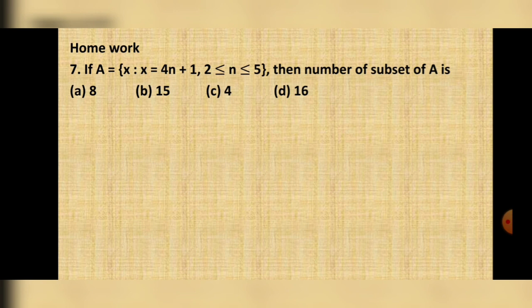Option A 8, option B 15, option C 4, option D 16. So in this example, students, first you find out set A in roster form, and then you have to find out the number of subsets. No need to find the subsets here, just find how many subsets we get. The number is already given, you have to find the correct option.